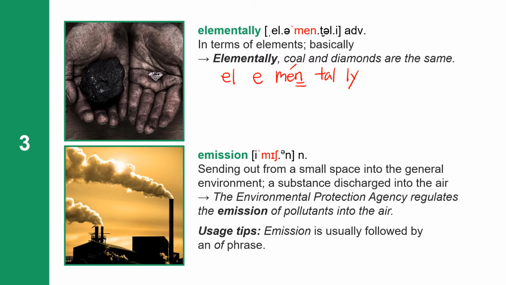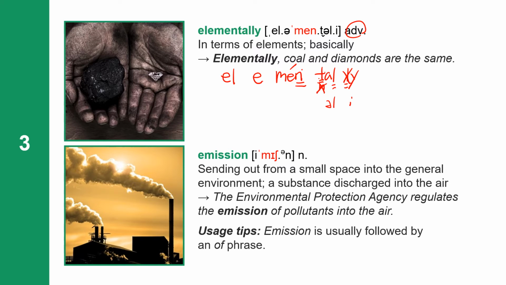And after N, T sounds like N. There are 2 N's, so you can cancel the second N. And there are 2 L's, and you can cancel the second L. So it sounds like L-A-M-N-L-E. Elementally. Elementally is an adverb. It means in terms of element or basically. Elementally, coal and diamonds are the same.